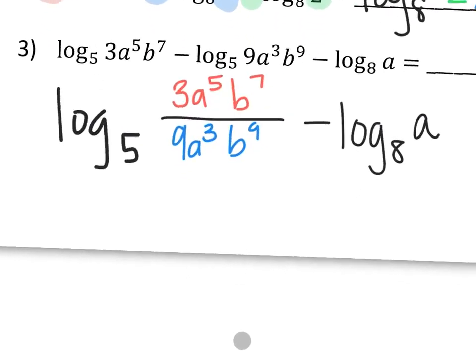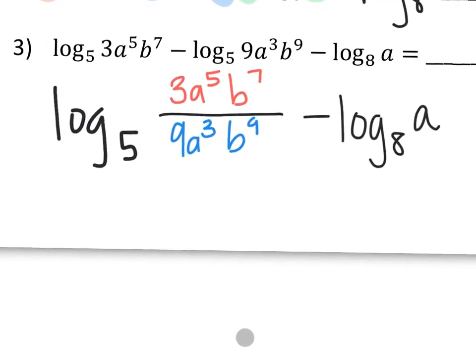Okay. So, can I do some math here? Yes. What math can I do? Divide the 9 by 3. Okay, so that would reduce to what? 1/3. Do I have to write that 1 on top? No, you can, but you don't have to. Okay, what about my A's? 2 where? 5 minus 3. Yes. Okay, what about my B's? 2 on the bottom.